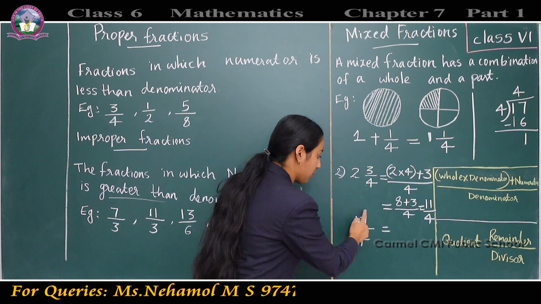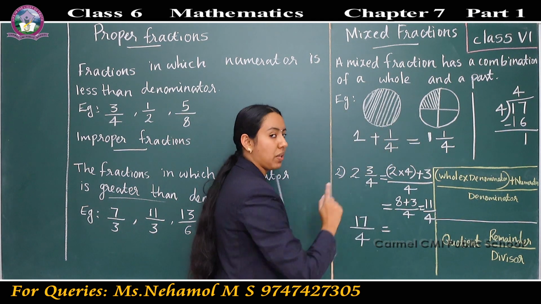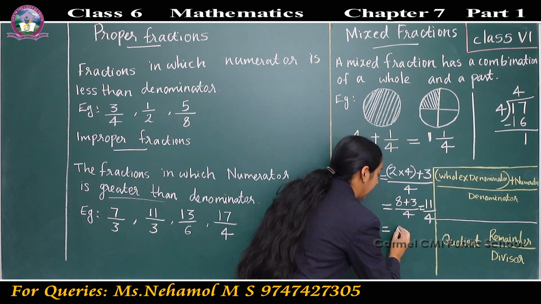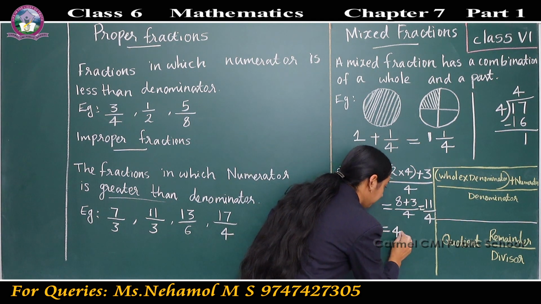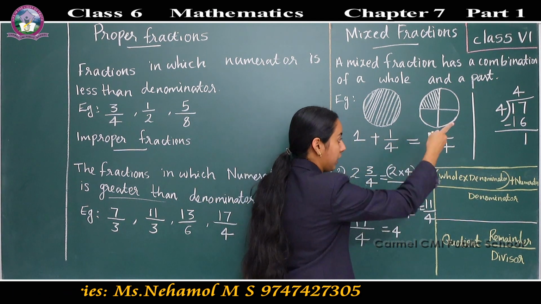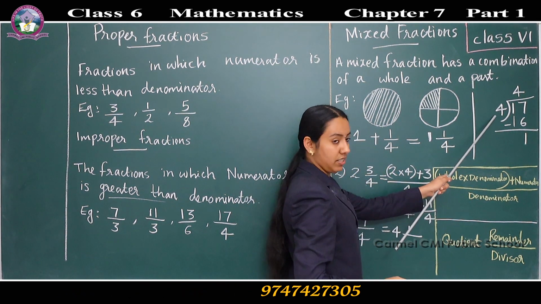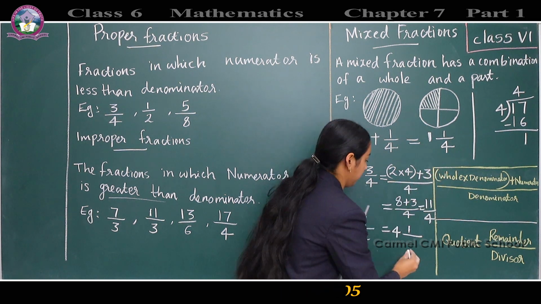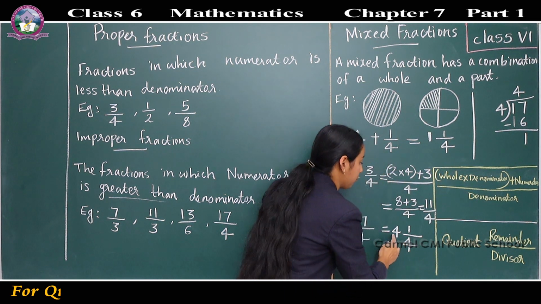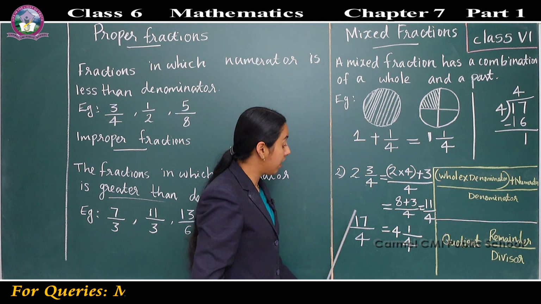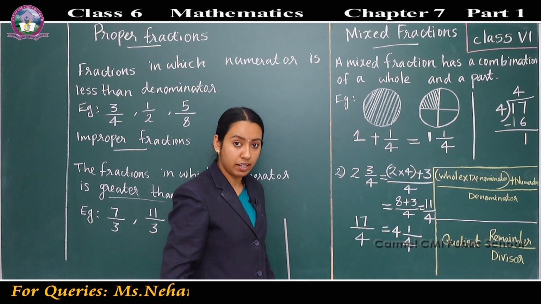To convert this improper fraction to a mixed fraction, first write the quotient. Then write the remainder divided by the divisor. This 4 is the divisor. 4 1 by 4 is the corresponding mixed fraction.